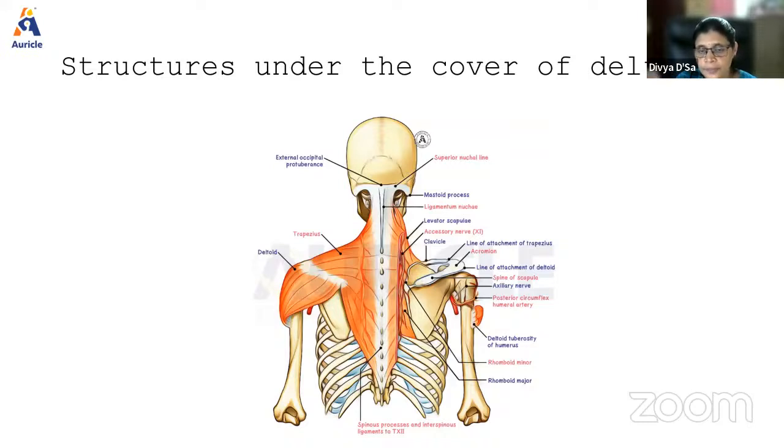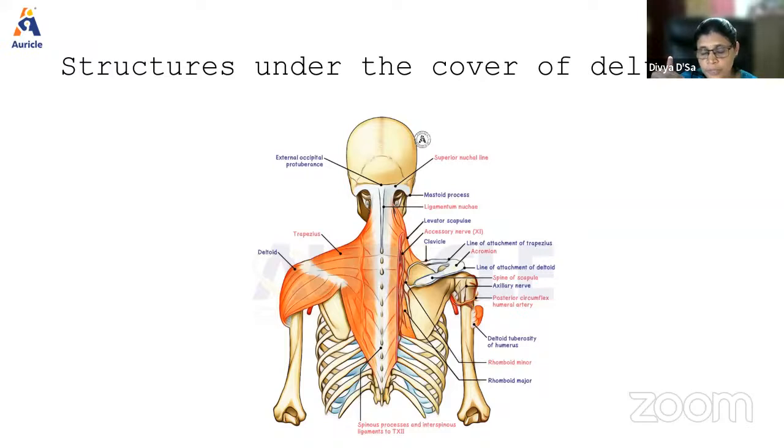Okay, they are enclosed there. And we also have the long head of the triceps present there. Then the nerves and vessels will be the axillary nerve and the posterior circumflex humeral vessels, as well as the anterior circumflex humeral vessel. And also you have to talk about the bursae which are present there.